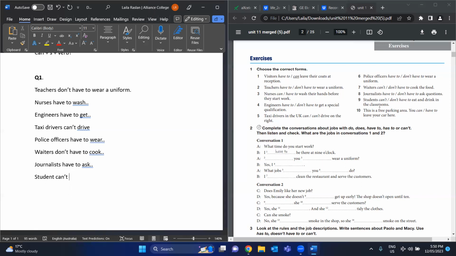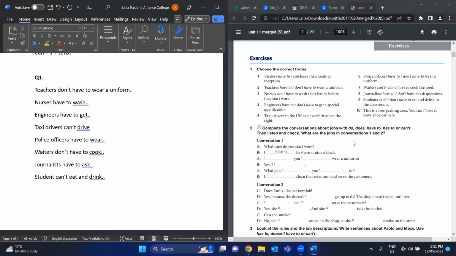Because they did it before, they made a lot of mess, it was too much cleaning. Now the college has made a rule that students can't eat and drink in the classroom. So you can add 2 verbs as long as you say they can't eat and drink.